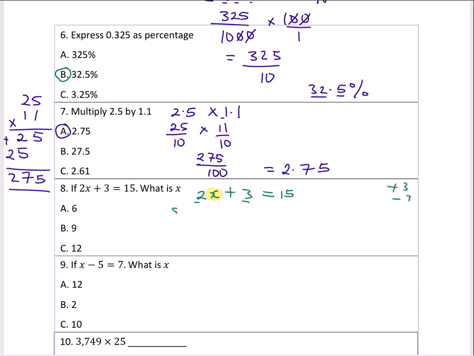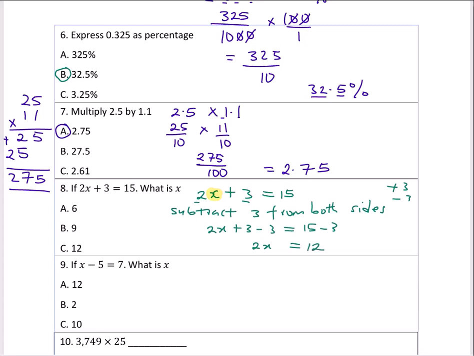So we subtract 3 from both sides. So we have 2x plus 3 minus 3 is equal to 15 minus 3, because we are subtracting on both sides. Then 2x is equal to, plus 3 minus 3, different signs, subtract, is 0, they go away. And then 15 minus 3 is 12.